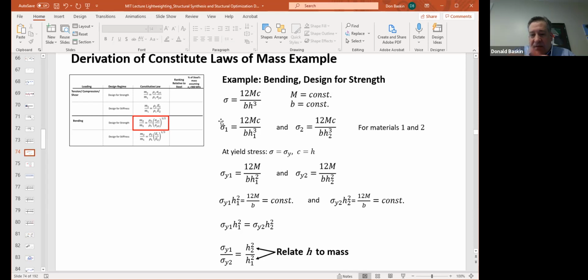You can write that equation for both beam 1 and beam 2, made of different materials. Then you use your wonderful algebra to put all the constants on one side.